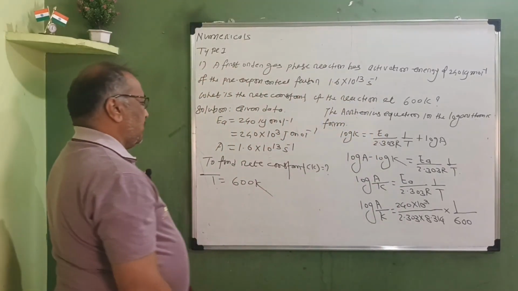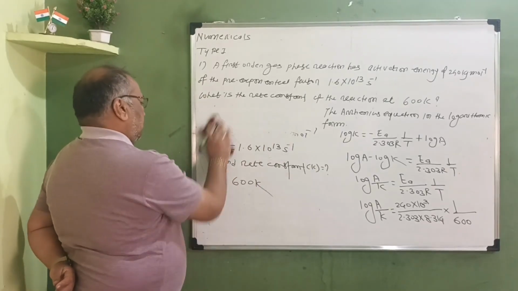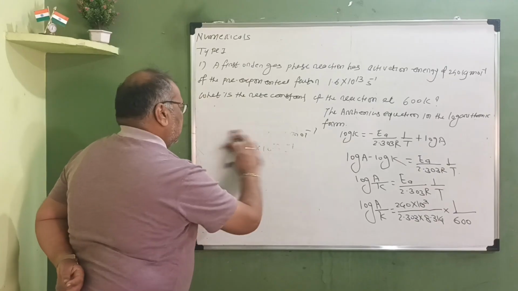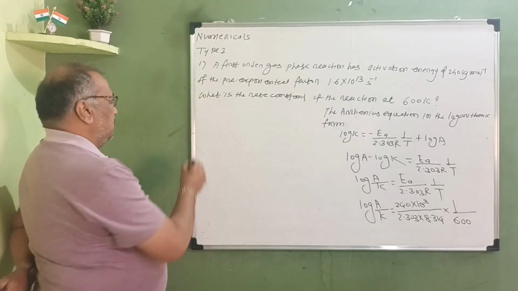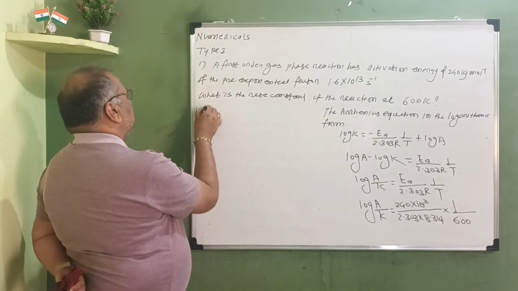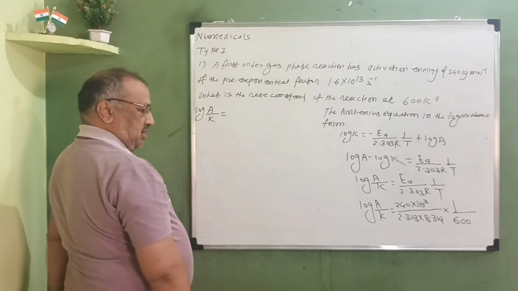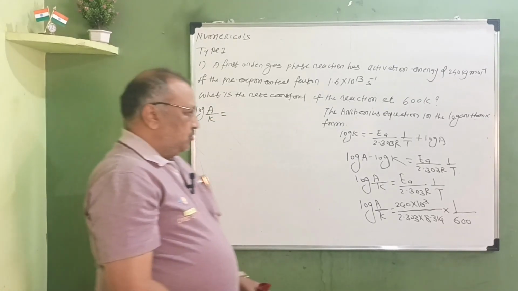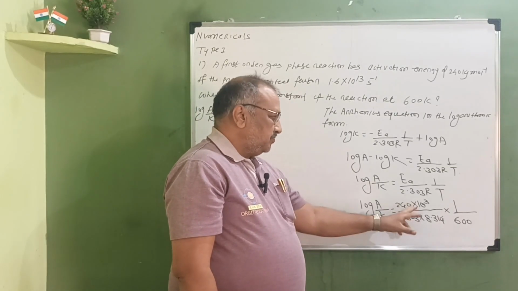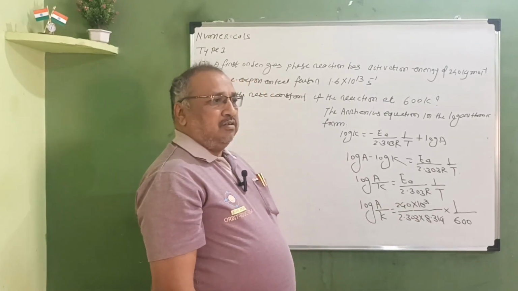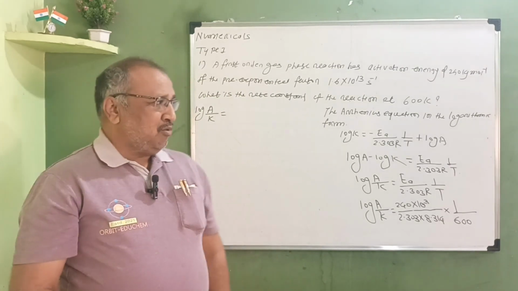That means here log of A by K equal to, now try to calculate this by using the log table and your answer becomes 20.89.